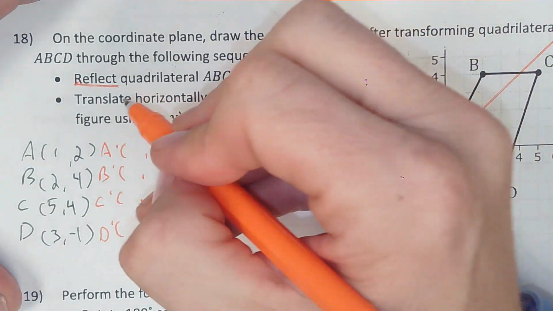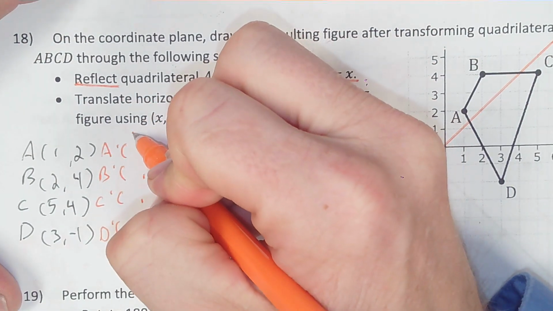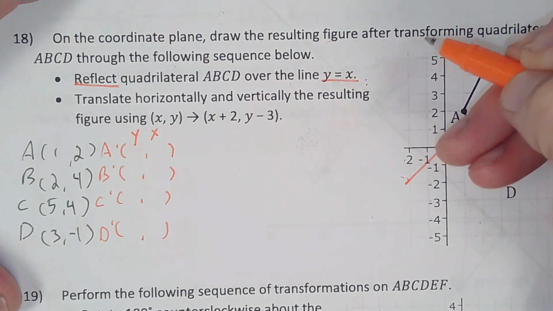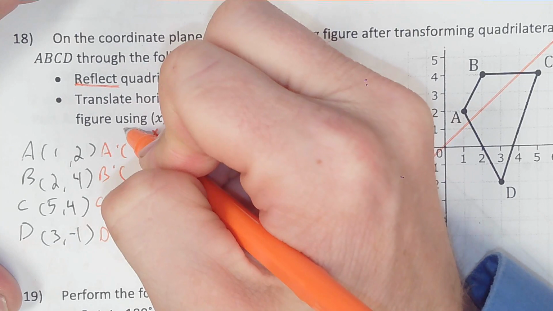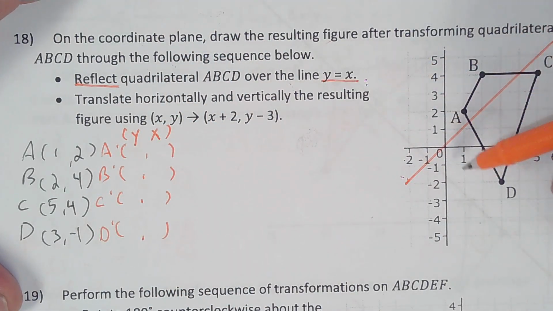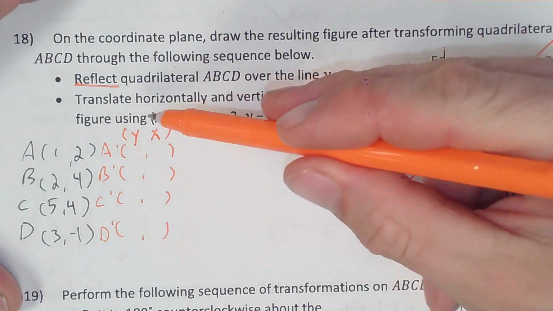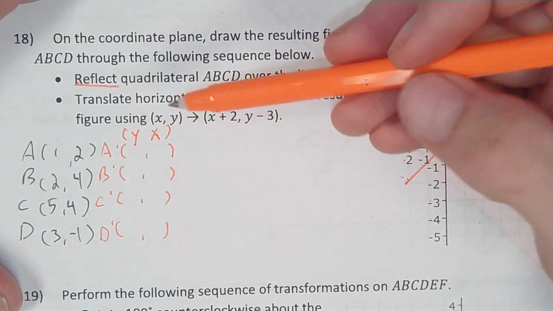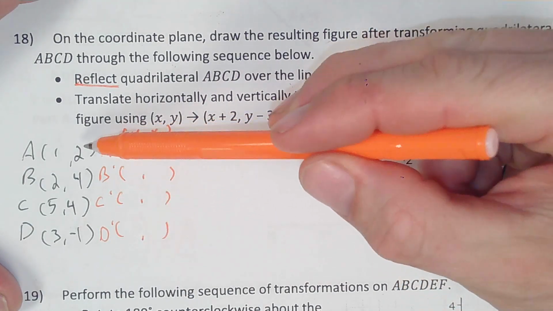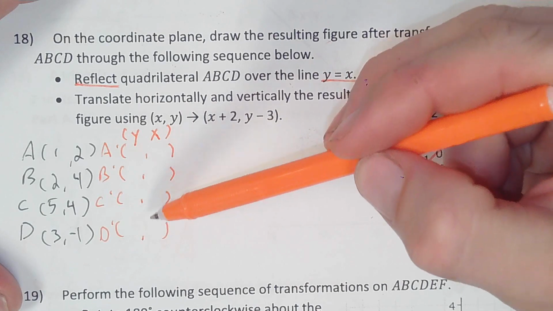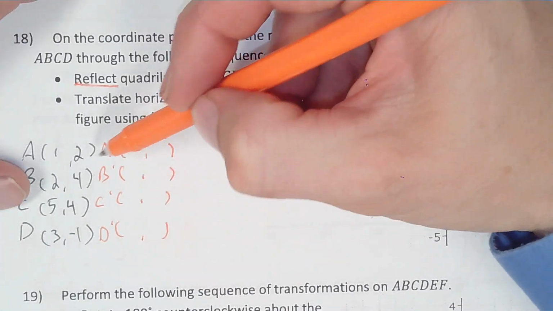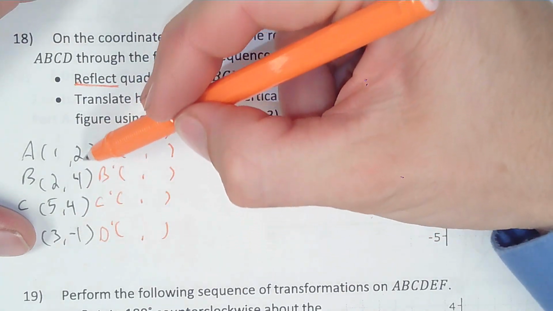The algebraic expression is (y, x), and that's it. The x and the y flop values. If it was across y equals negative x, it would be the same thing, except these would be negative. The new x coordinate in my prime points is the old y coordinate, and the new y coordinate is the old x coordinate. So these points are going to be transposed from my y values of my previous point.